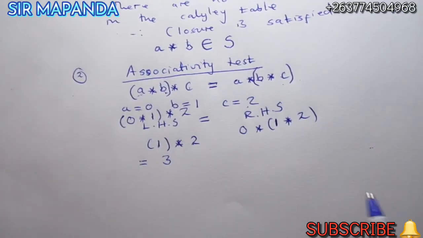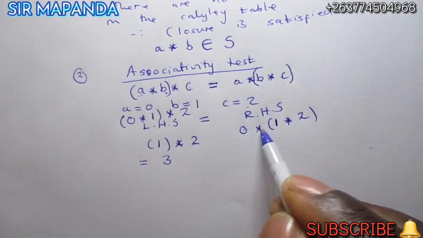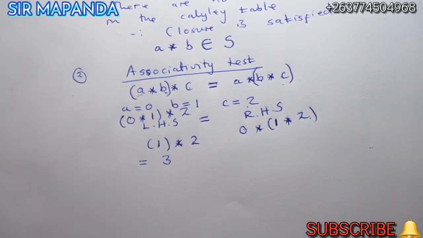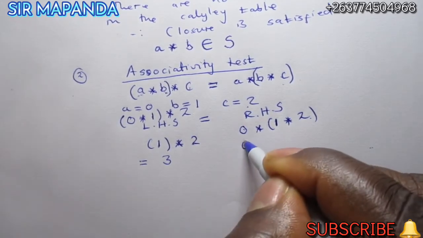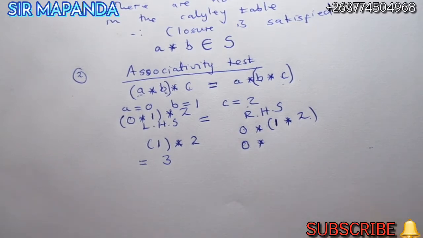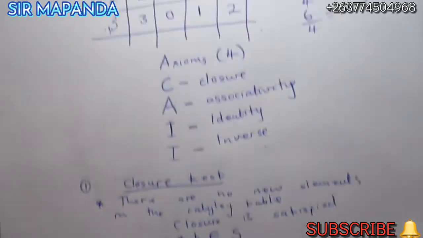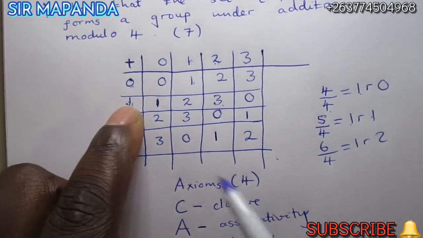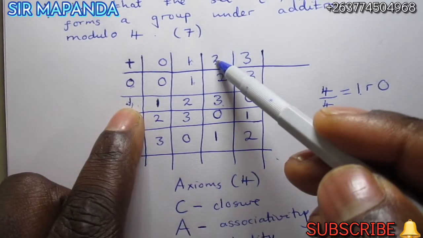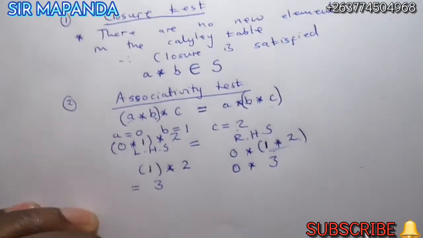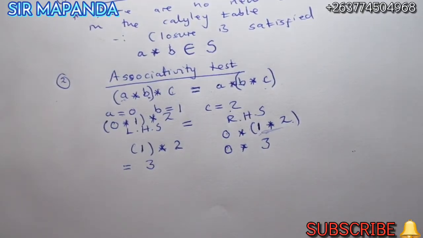Right, then on the right hand side we have 0 binary operator of 1, binary operator of 2. So we are going to make use of the BODMAS. You start by simplifying the terms inside the bracket first. So 0 and binary operator, I'm going to keep them so that I start by simplifying this bracket. So from the Cayley table, 1 binary operator of 2, they are giving us 3. So I'm going to write 3 here to represent 1 binary operator of 2.